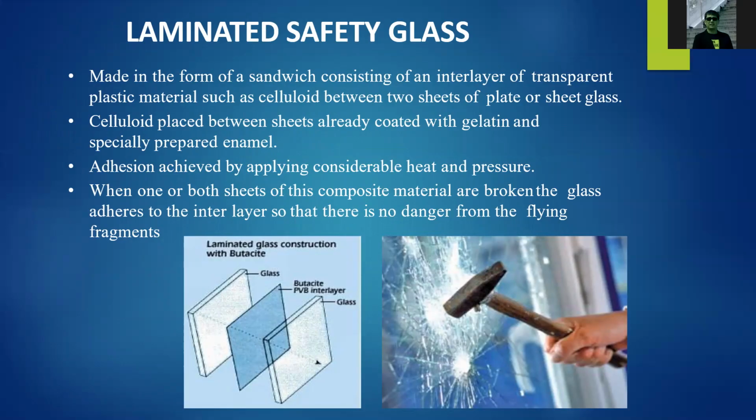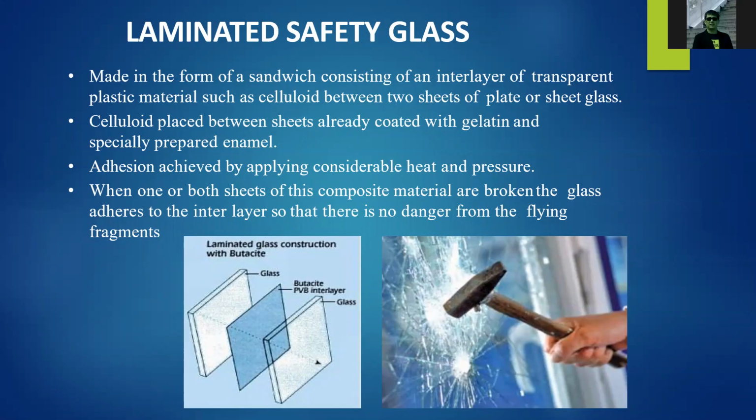It's made from a sandwich consisting of an interlayer of transparent plastic material such as celluloid between two sheets of plate or sheet glass. Celluloid placed between sheets already coated with gelatin and specially prepared enamel. Adhesion achieved by applying considerable heat and pressure. When one or both of the sheets of composite material are broken, the glass adheres to the inner layer so that there is no danger from flying fragments.